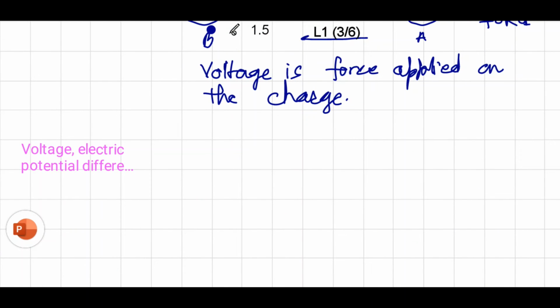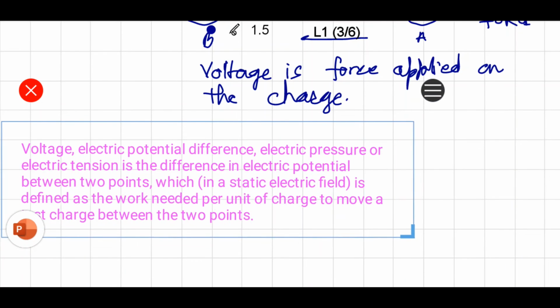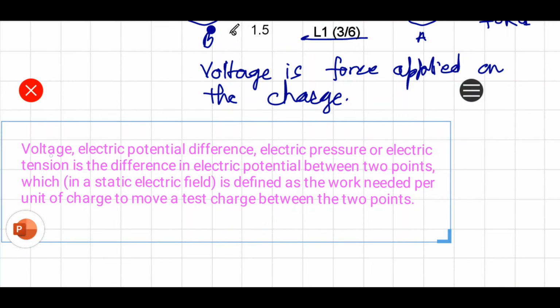That is why we can say voltage, or electrical potential difference, electric pressure or electric tension, is the difference in electric potential between 2 points, which in a static electric field is defined as the work needed per unit of charge to move a test charge between the 2 points.